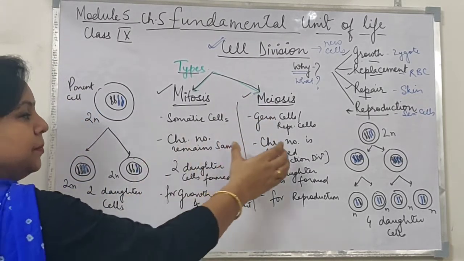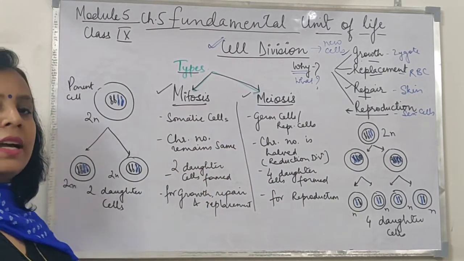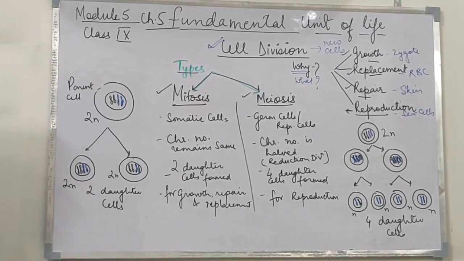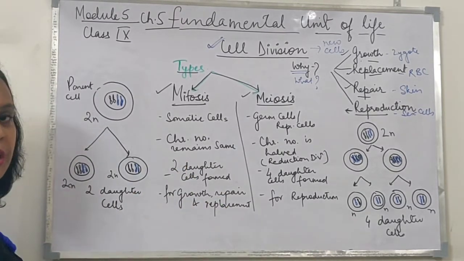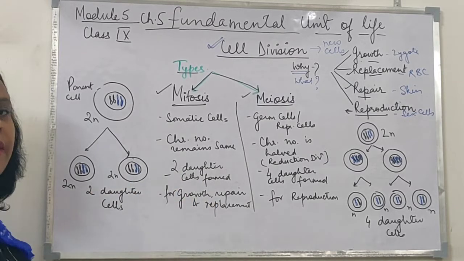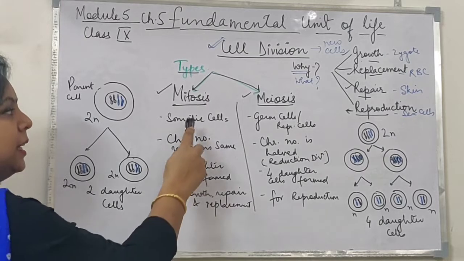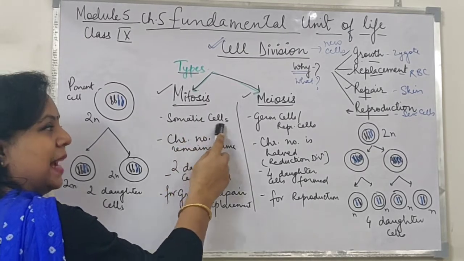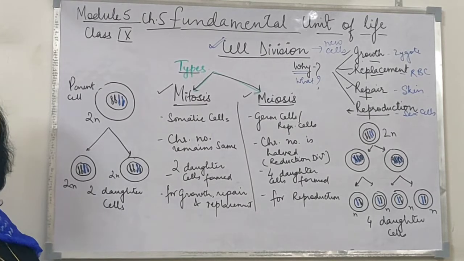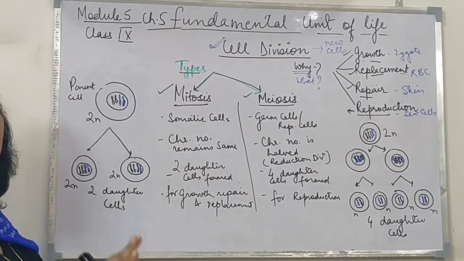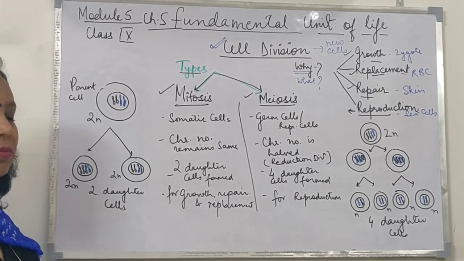Now let us just compare mitosis and meiosis. Children, in class 9th, you need to study the two topics at a very superficial level. You are not going to go into very detailed study of mitosis and meiosis. Basically, mitosis occurs in somatic cells. Now, somatic cells means all the cells of the body apart from the sex cells or the gametes.